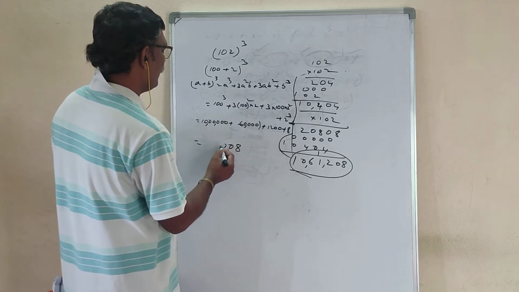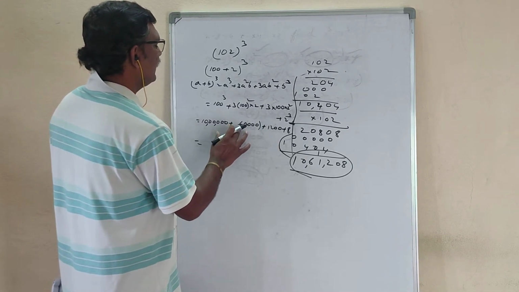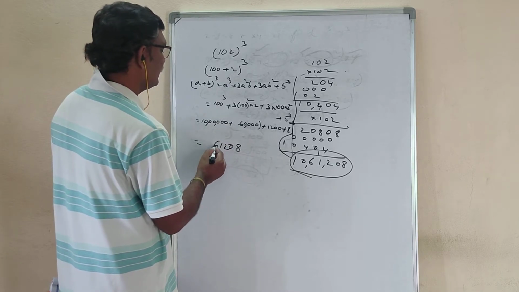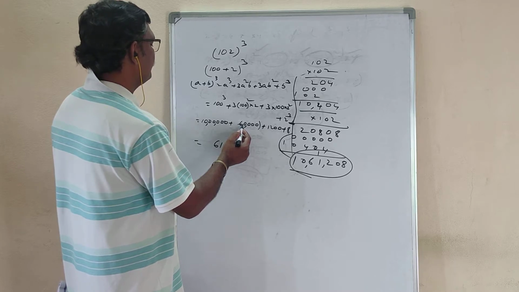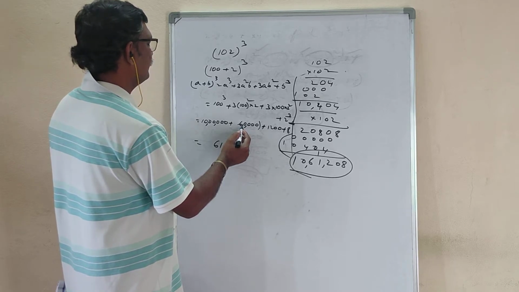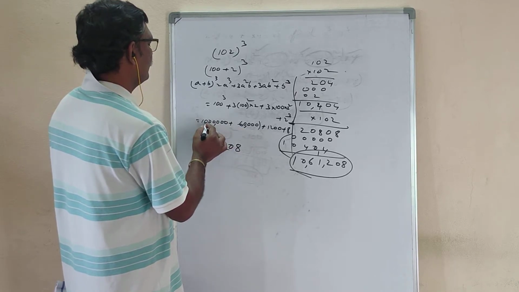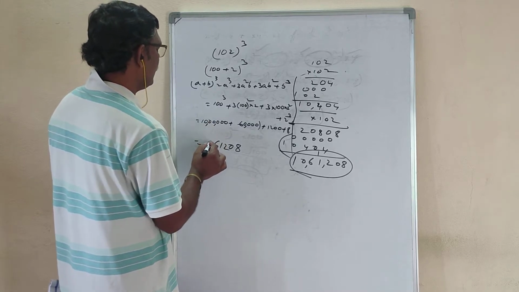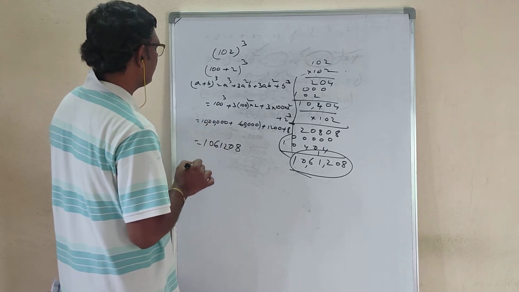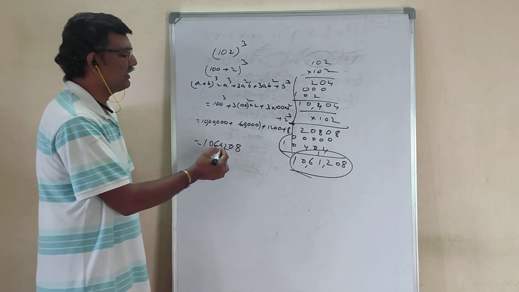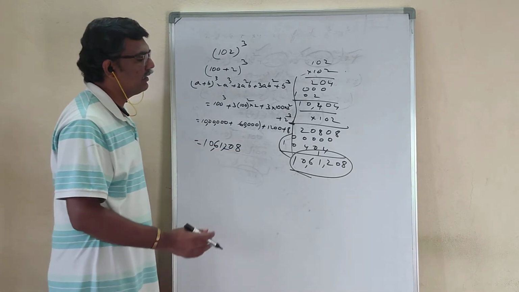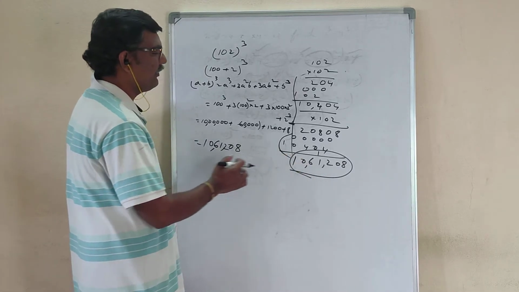In thousands place you have 1. In 10,000s place you have 6. In lakhs place you have 0. In 10 lakhs place 1. So if you read this, 10 lakhs 61,208.